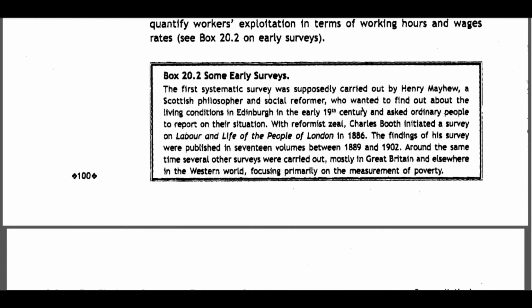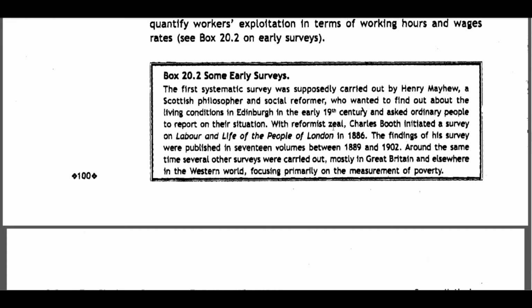Box 20.2, some early surveys. The first systematic survey was supposedly carried out by Henry Mayhew, a Scottish philosopher and social reformer who wanted to find out about the living conditions of Edinburgh in the early 19th century and asked ordinary people to report their situation.